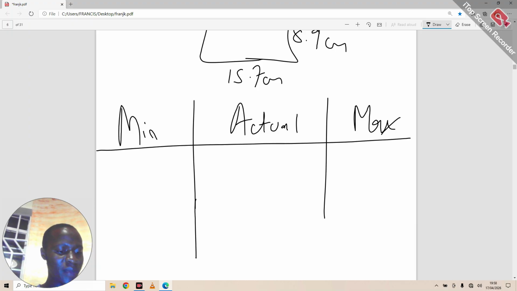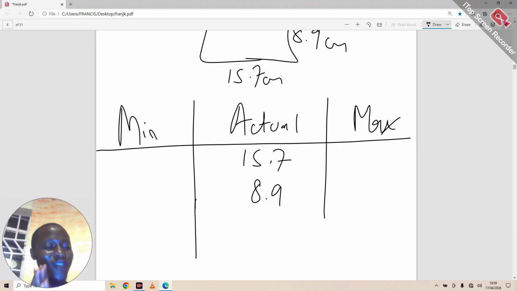Now, we are being told that the length and width of a rectangle measured to the nearest 5 millimeter are 15.7 centimeter and 8.9 centimeter. Remember, I have told you previously that when the words 'to the nearest' appear in a question, then that particular number is the accuracy.